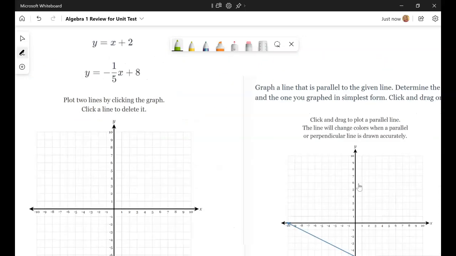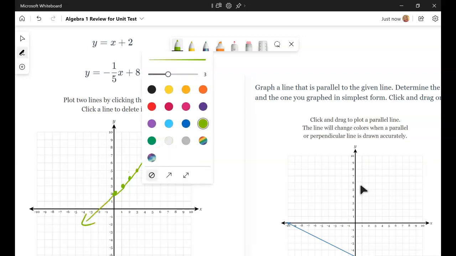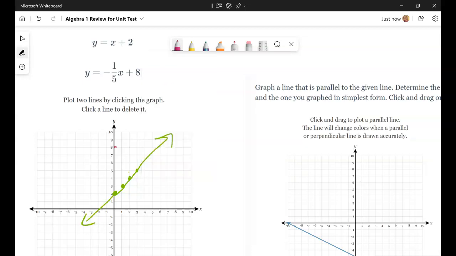So we start here. How do we graph the first one? We're going to start at 2. What's the slope? Okay, you know I like to put a few slopes in there so my line's a little straighter. Start the next one at 8. Then you want to go down 1 over 5.